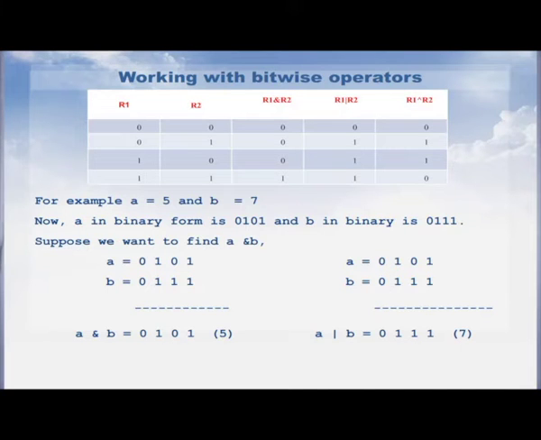For example, A is equal to 5, written in binary it is 0 1 0 1, and B is equal to 7, written in binary it is 0 1 1 1. When you perform the AND operation, the answer will be 0 1 0 1. So, you can use the above table to calculate this bitwise AND. Then coming to the OR operation, again it is shown on the screen, and the result of the OR operation is 0 1 1 1. Let us now work in Python to understand these operators further.